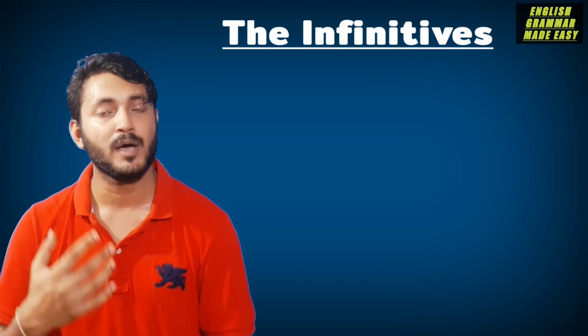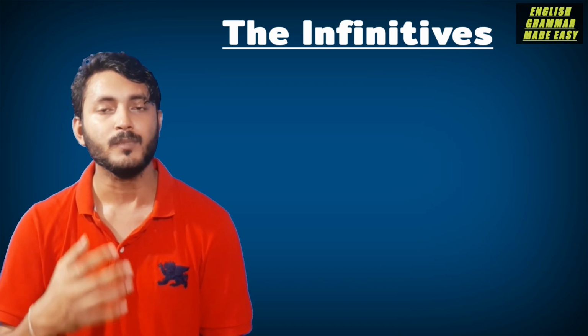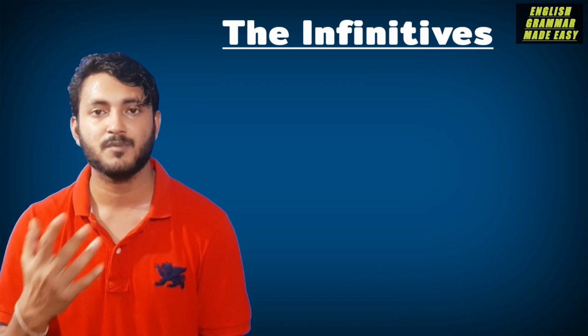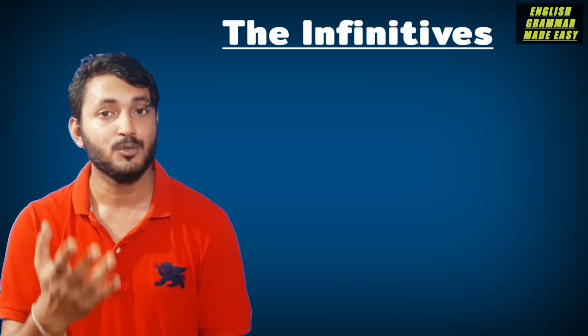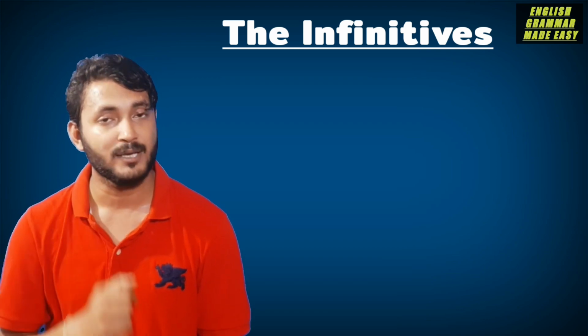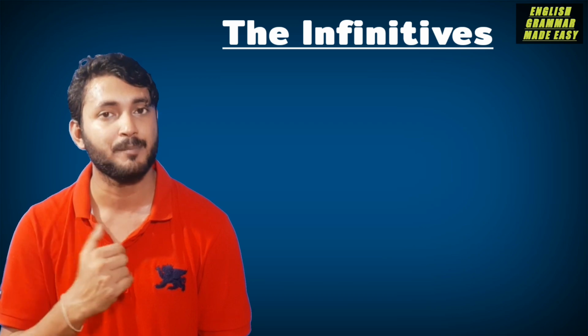So let us rewind what we learned so far. First of all, infinitives are base forms of verbs. They are not used as verbs. There are two kinds of infinitives, to infinitives and bare infinitives.